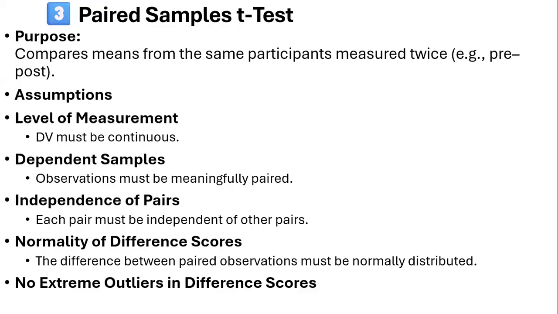Then we can cross-check whether there has been a significant improvement in your performance within the year. So that is the logic behind the paired t-test. It seeks to compare means from the same participants measured twice. And that is why we characterize them as pre and post measures.